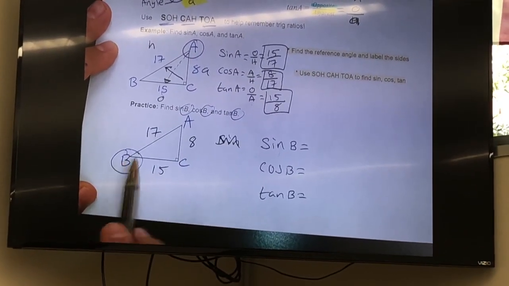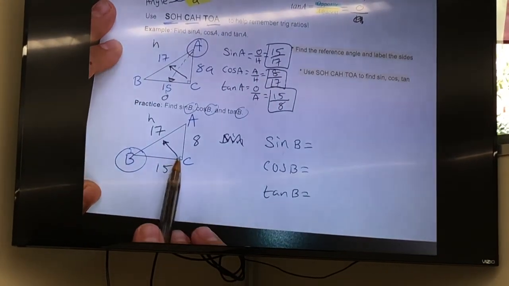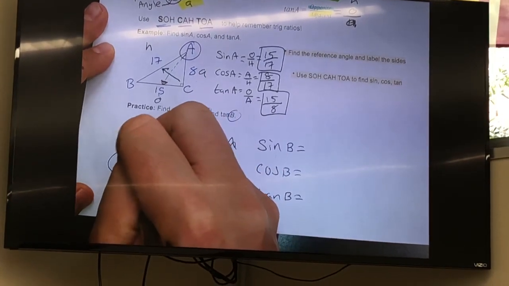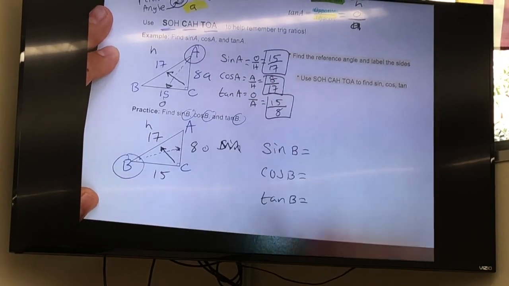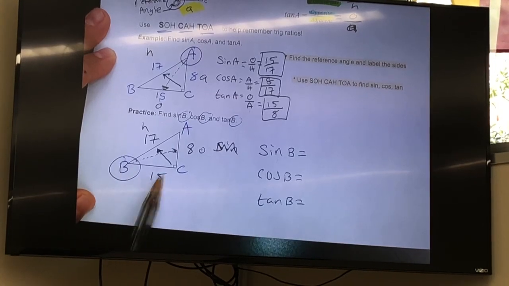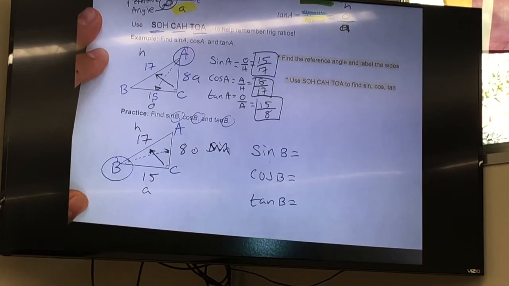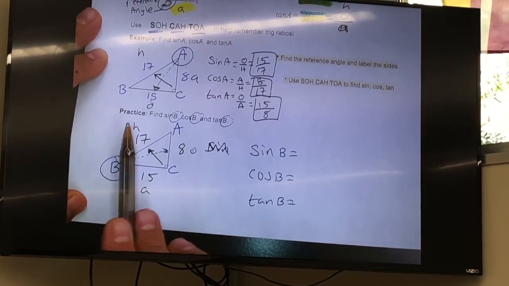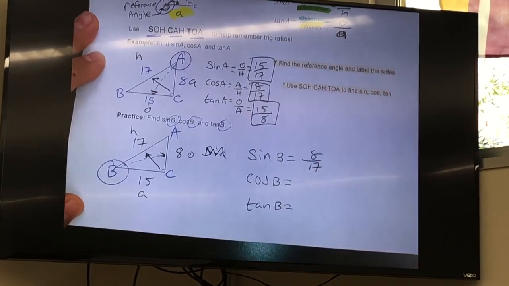If we're looking at B, this is still our hypotenuse because it's across from the 90-degree angle, but our opposite side will now be 8. And again, next to, right, the only thing that's next to this right here is your 15, so that's your adjacent side. So your opposite over your hypotenuse will be 8 over 17.